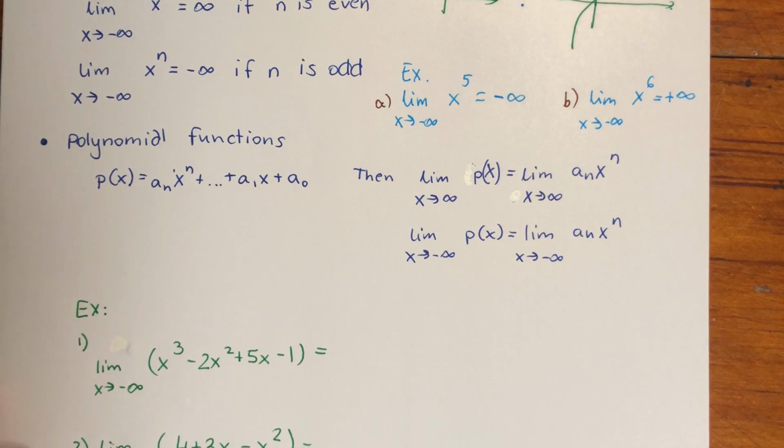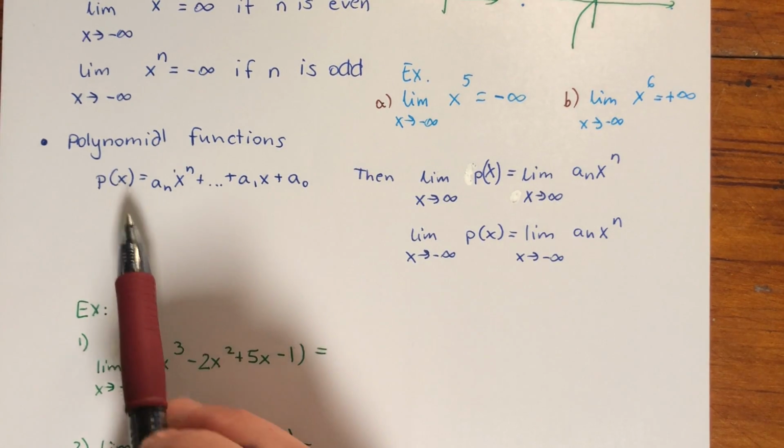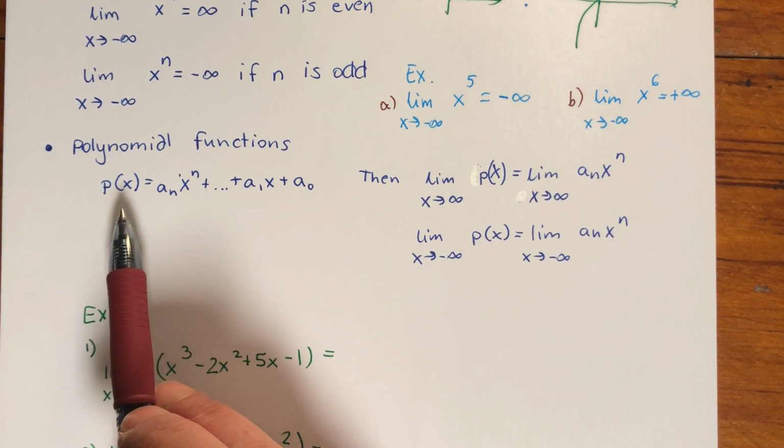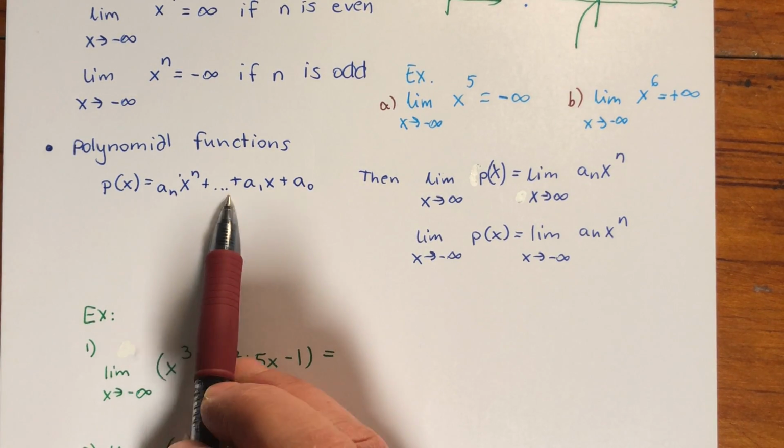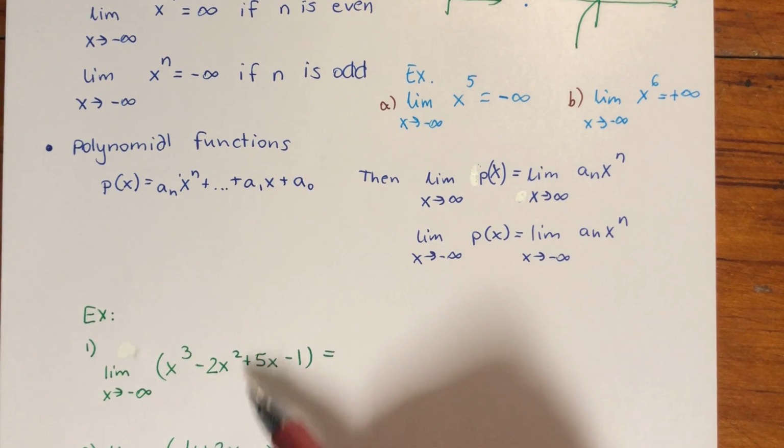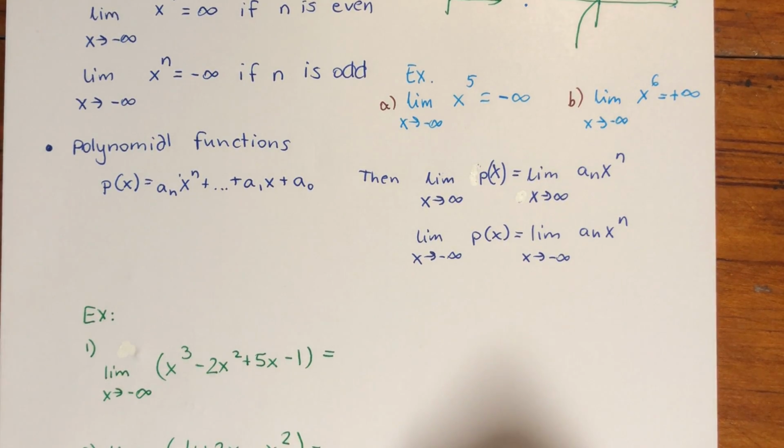I will post those notes so you can look at them and follow them that way. Polynomial: if you think about this, you can have some kind of coefficient and x to whatever power, plus, and this pattern will continue. We'll have plenty of polynomial examples here.